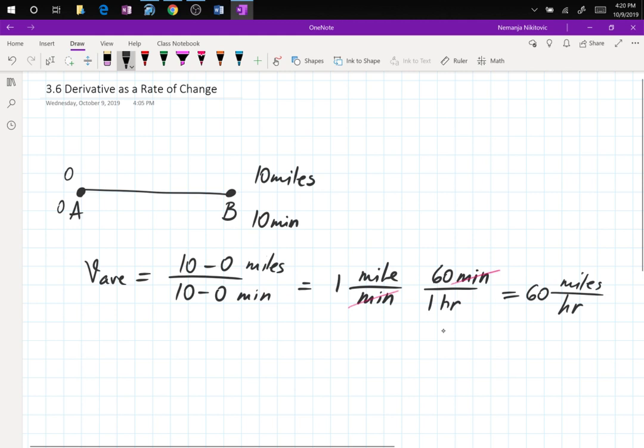Now in physics and Calculus 3 and differential equations, you are going to distinguish between speed and velocity, because velocity is a vector which has direction and magnitude, meaning direction is which way you go, and magnitude is how fast you're going, which is called speed. So speed is technically part of velocity.